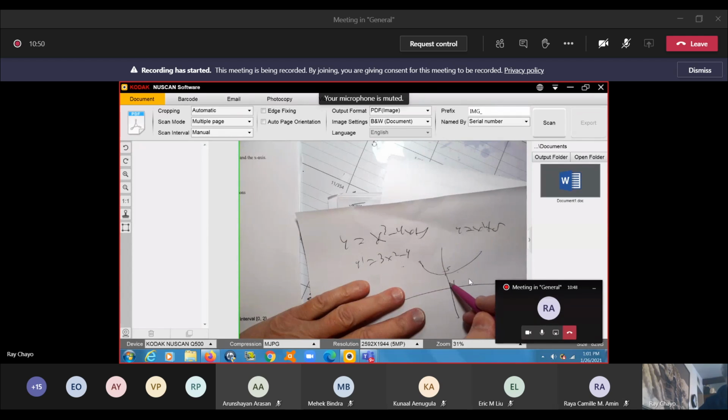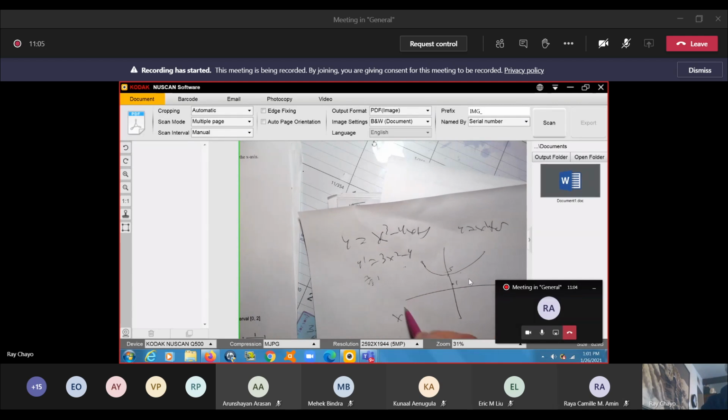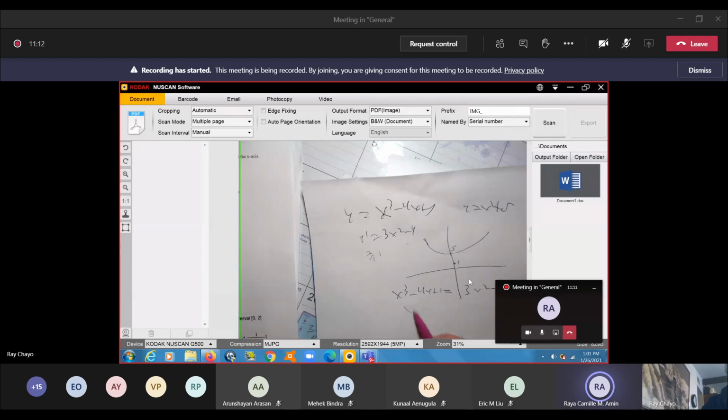So at 2 over root 3, what's that? That's a good thing. Yes, that's equal. I actually think it was x squared. Those are the two curves.